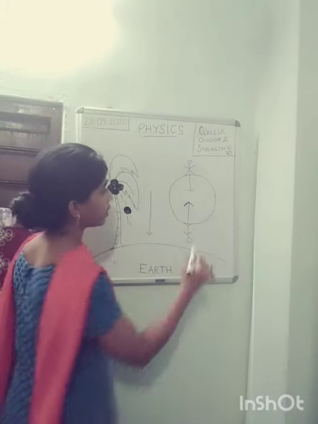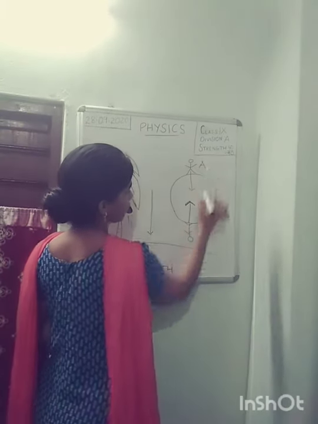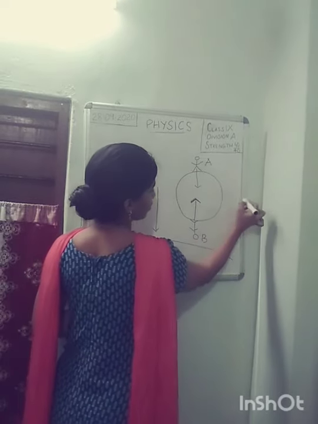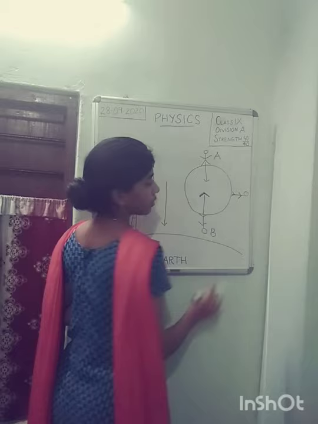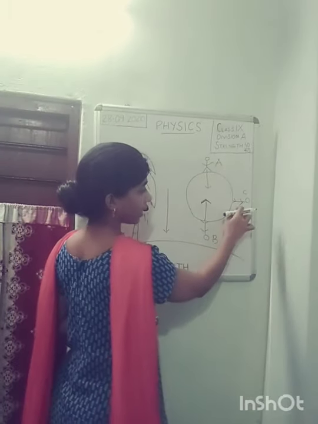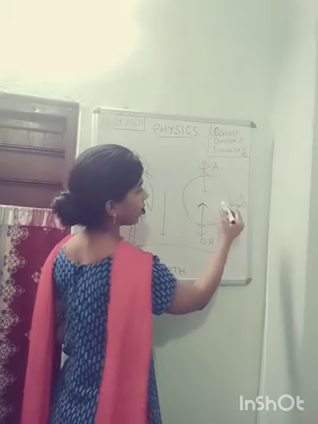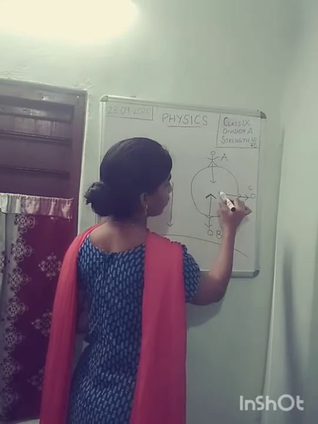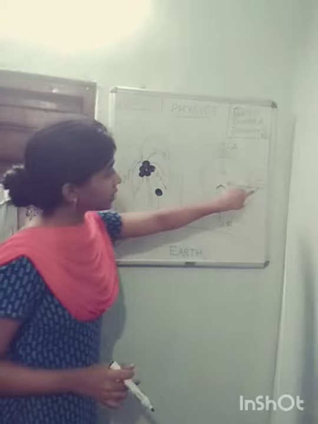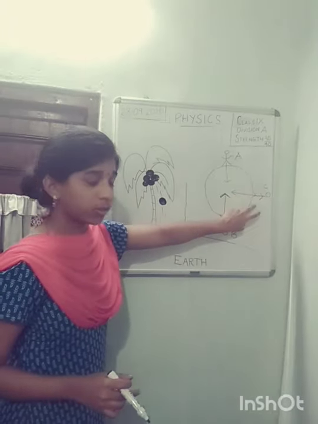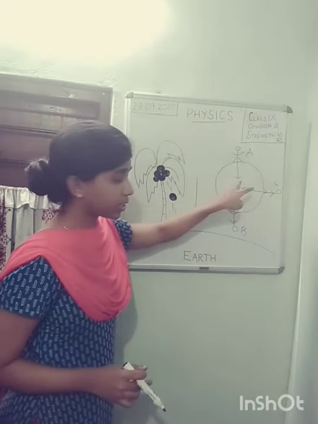Suppose this is person A, this is person B. Suppose there is another person C here. How is he able to stand here? I said earth is pulling the man towards the center. Earth is pulling or attracting any object on its surface towards the center.